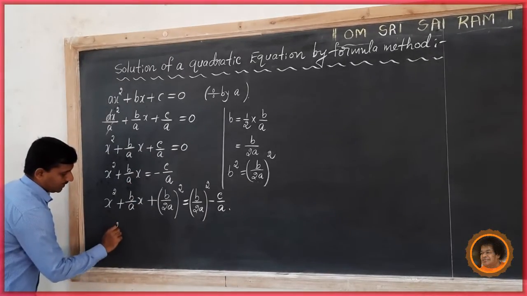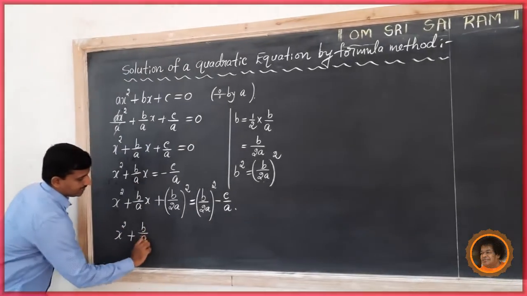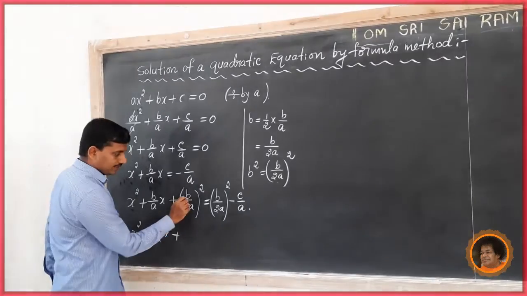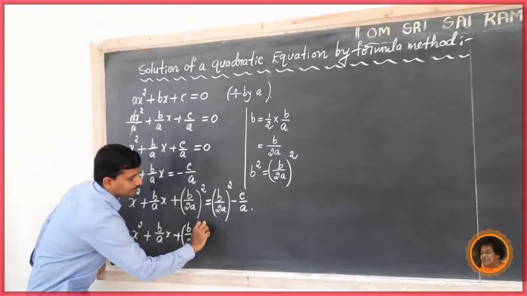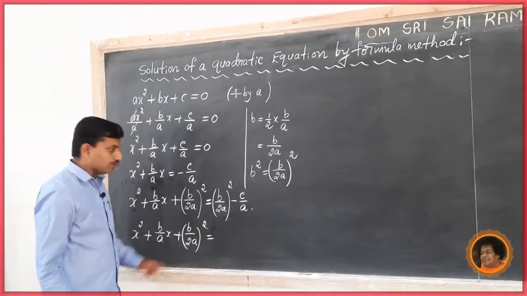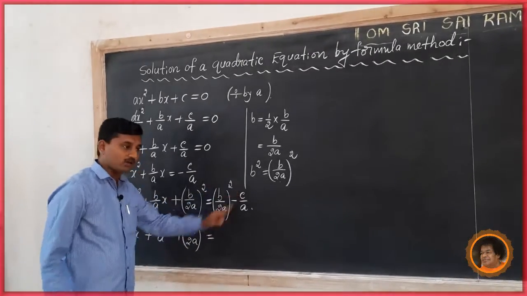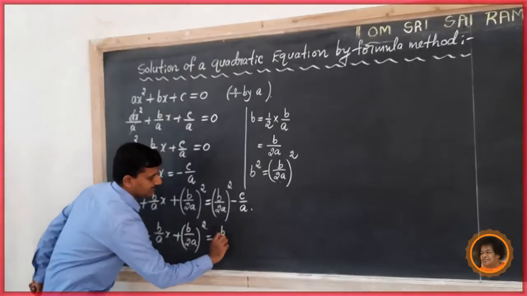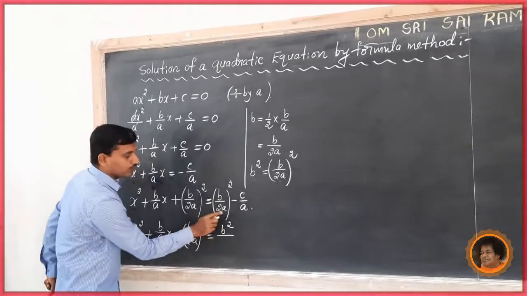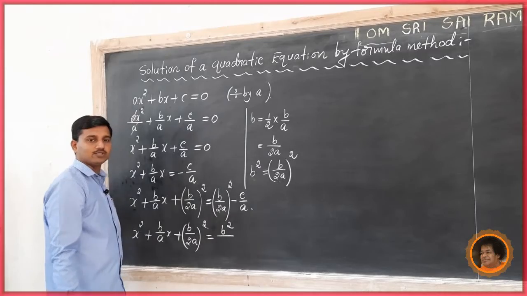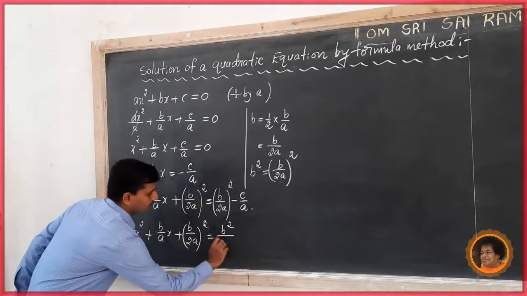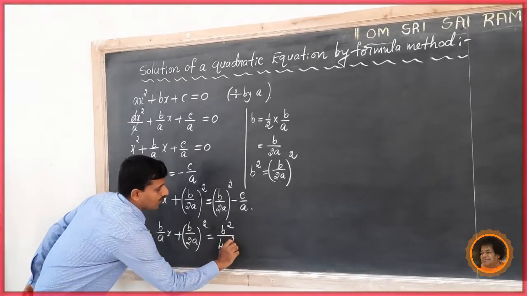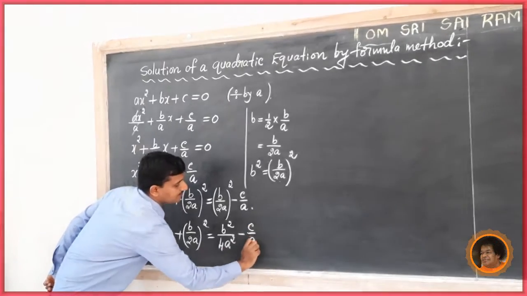On the right side, b by 2a whole square: squaring gives b square divided by 2a whole square. What is the meaning of 2a whole square? 2a is multiplied twice, so 2a into 2a is 4a square. So, b square by 4a square minus c by a.